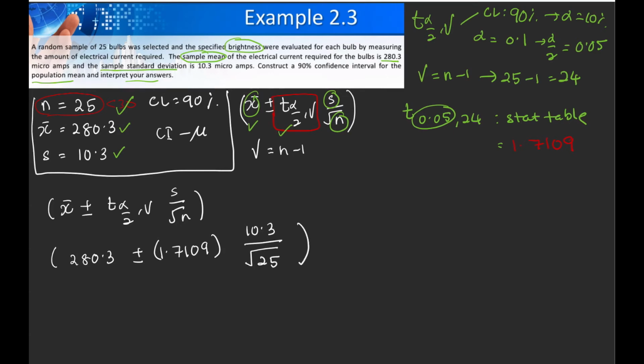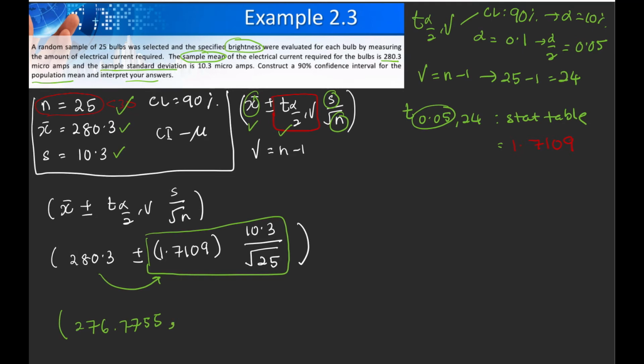I suggest you calculate this part first on your calculator, and then 280.3 minus this answer, you will get the lower boundary equal to 276.7755.